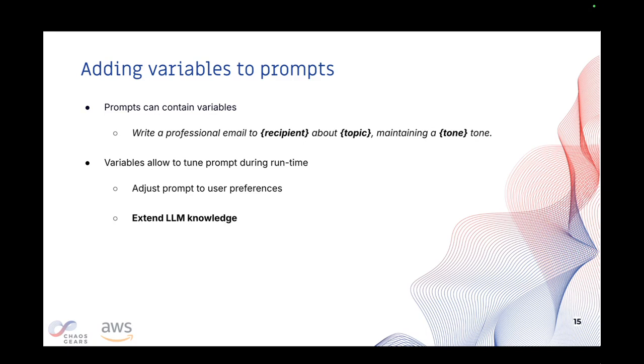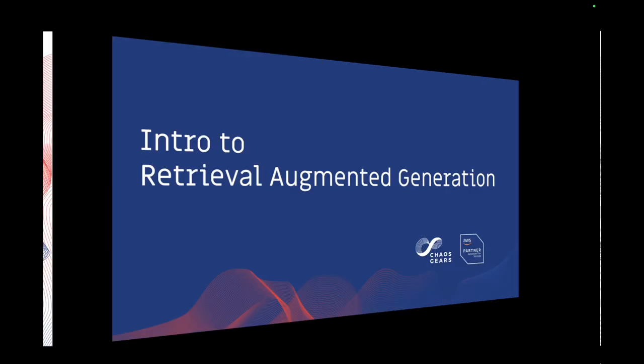So you can, for example, during runtime, get some external data and inject it into the prompt. Okay, so that's in regards to generative AI and LLMs as a quick introduction, and now retrieval augmented generation.